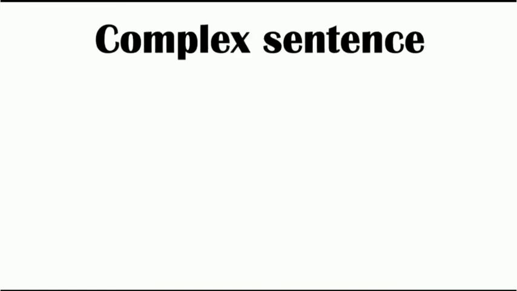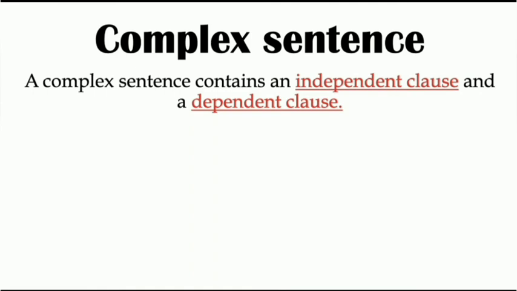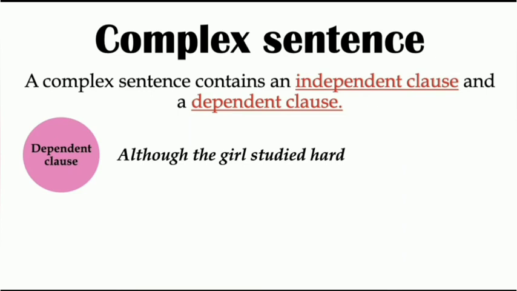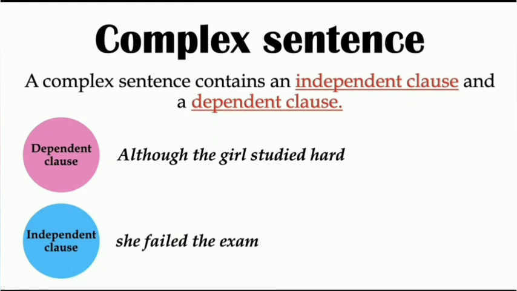Complex sentence. A complex sentence contains an independent clause and a dependent clause. Let's take a look at an example. Although the girl studied hard, this is a dependent clause. It does not make sense on its own. She failed the exam.